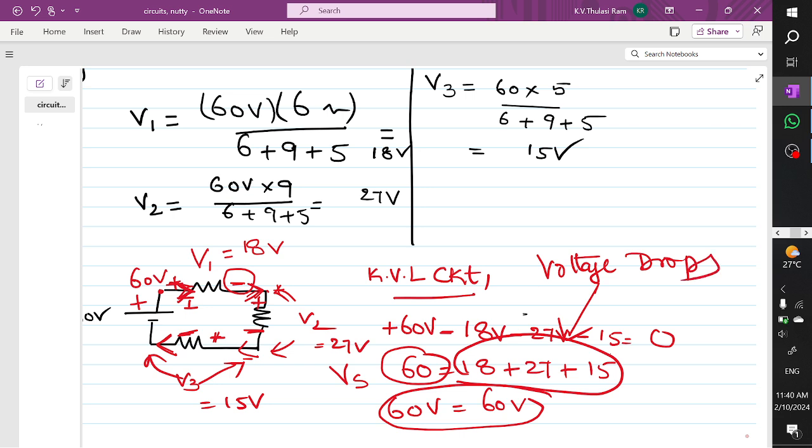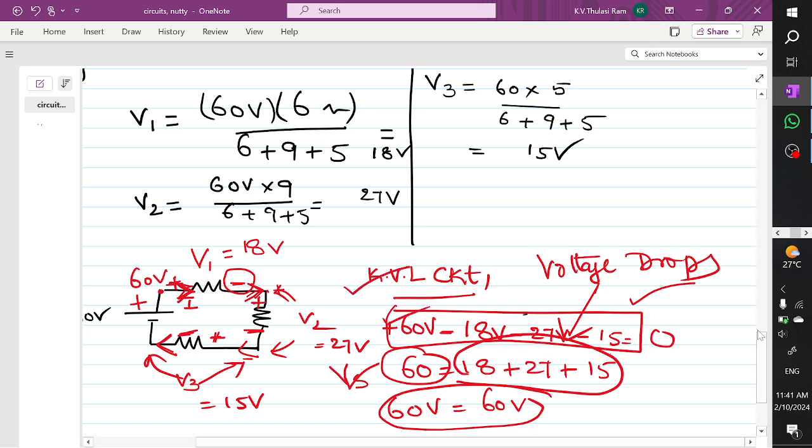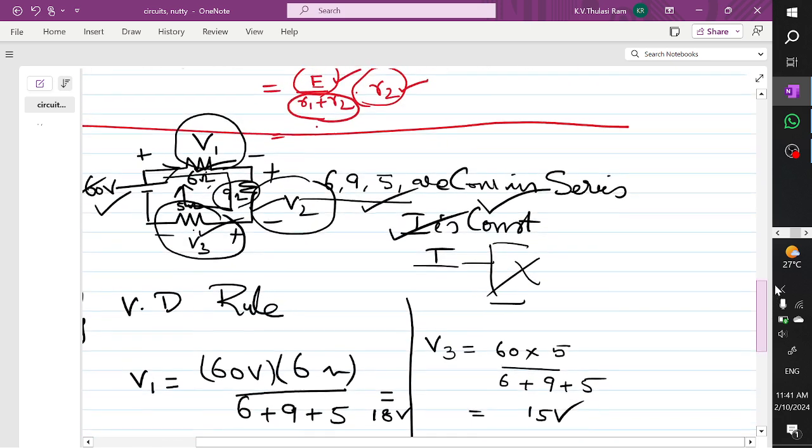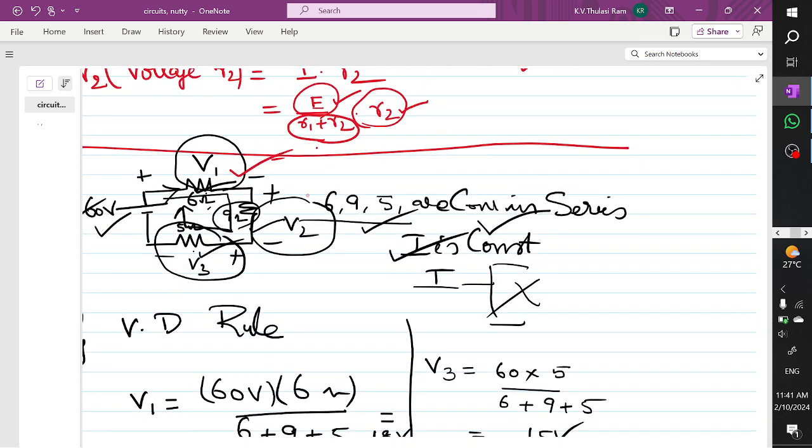The Kirchhoff's law is verified: the algebraic sum of all the voltage sources and voltage drops is equal to 0. So this is how we find the values of V1, V2 and V3 for a given circuit where 6, 9, 5 are connected in series connection.